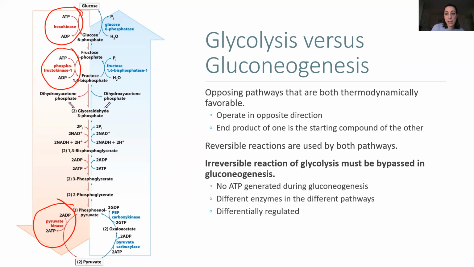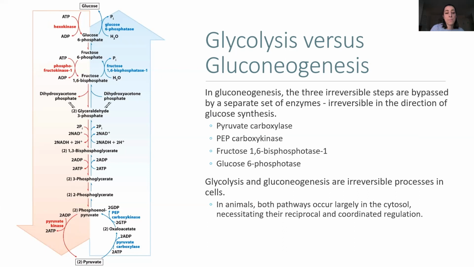Otherwise, they're using the same mechanisms. So let's take a closer look at these steps. In gluconeogenesis, the three irreversible steps are, again, a whole other set of enzymes that are used for gluconeogenesis versus glycolysis.